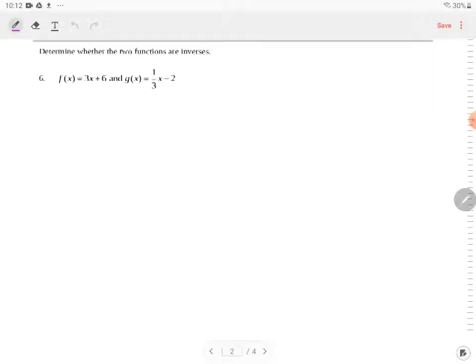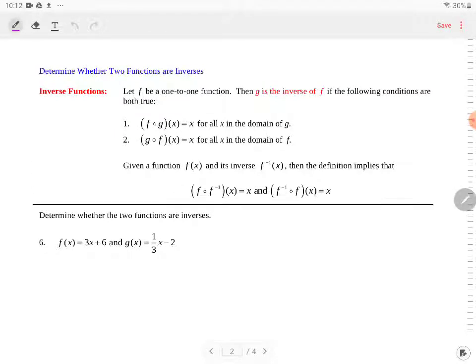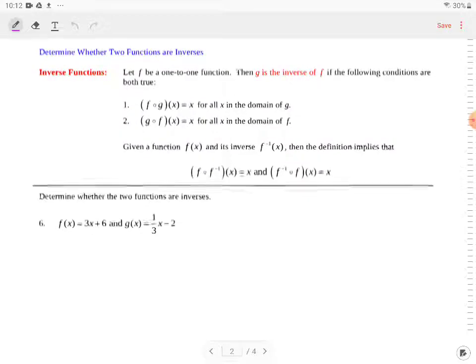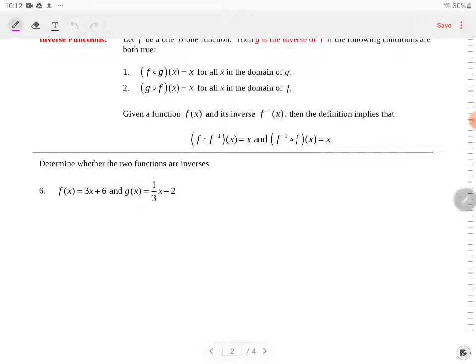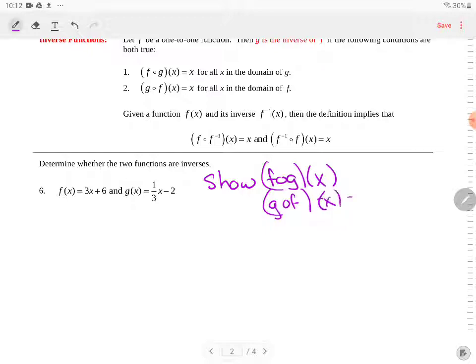Okay, next we're going to look at how to determine if 2 functions are inverses. We use composition. To determine whether the 2 functions are inverses, we have to show that f composed with g, f o g of x, is x, and g o f of x is equal to x.